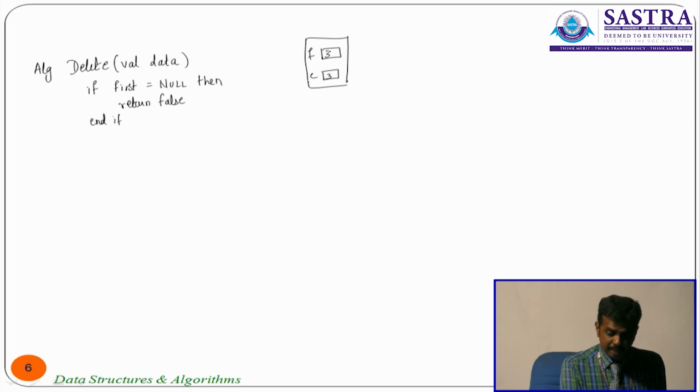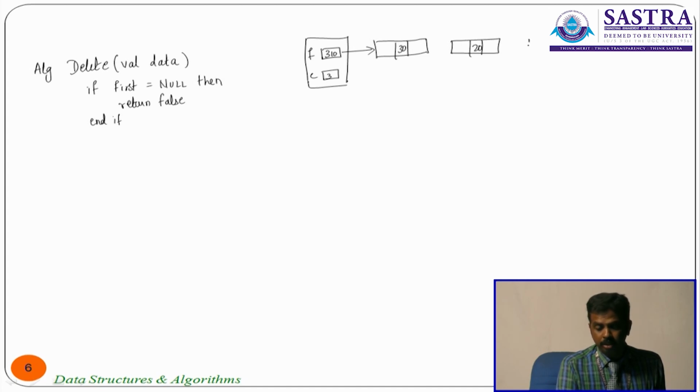Use the same example, 310, so that it will be easy to remember. 30, 20 and 10. Okay, 310, 210 and 110.